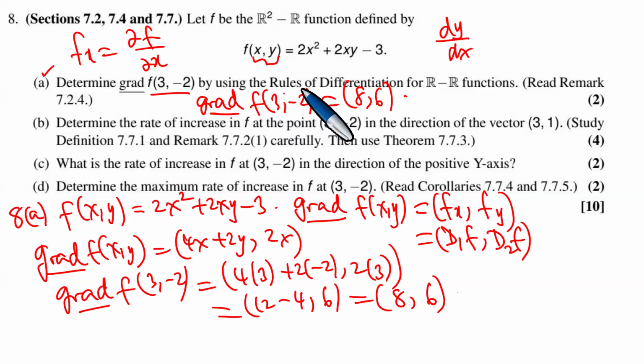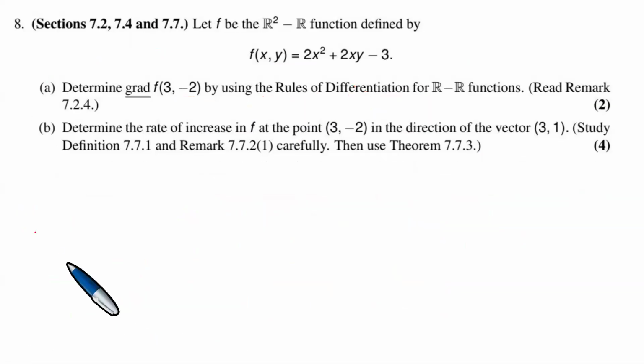By using the rules of differentiation for R to R functions, we've got the answer there. The next thing is the rate of increase, 8b. I made a lot of space available for us to appreciate the rate of increase concept. But first things first, it is the rate of increase at the same point as the former question, 3 and minus 2.